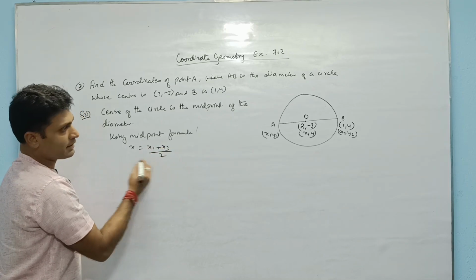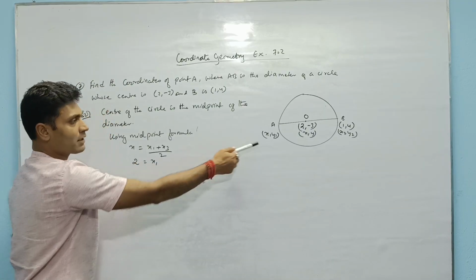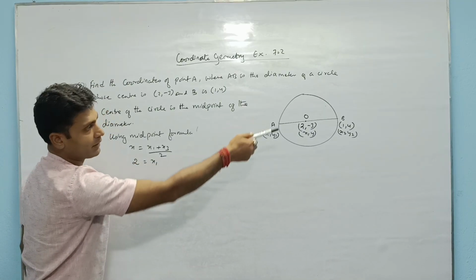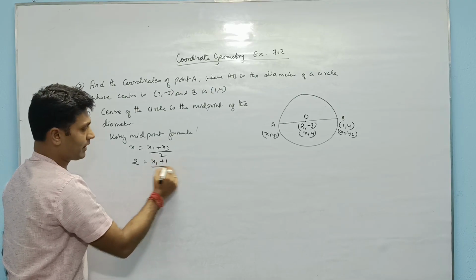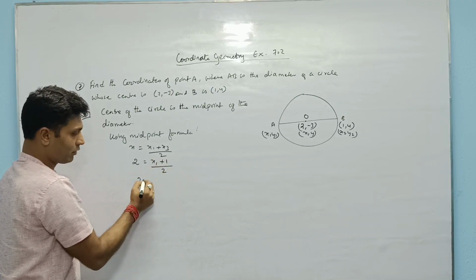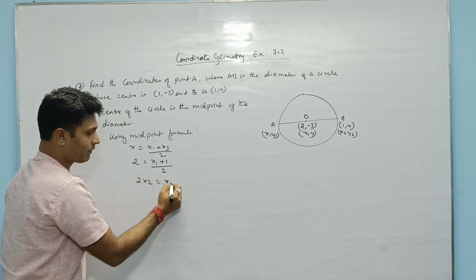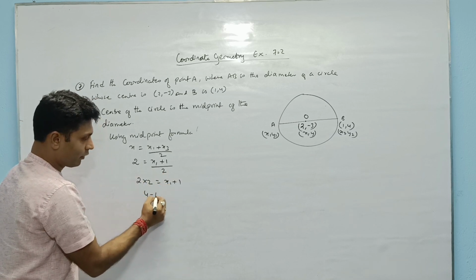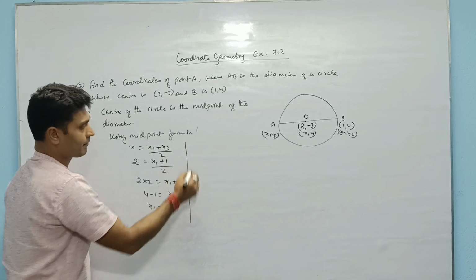So what is x? The value is already given. 2. x1 we need to find. And what is x2? It's 1 divided by 2. So 2 into 2 will multiply this, is equal to x1 plus 1. So 4 minus 1 is x1. x1 is equal to 3.